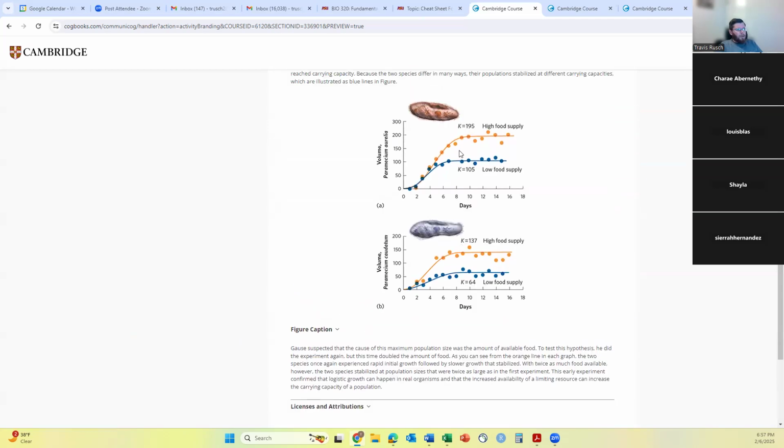What are some other things that could potentially change the carrying capacity besides population and food? What are some things from the environment that could affect the population? Climate, disease.